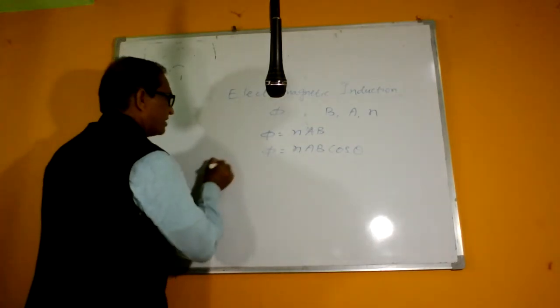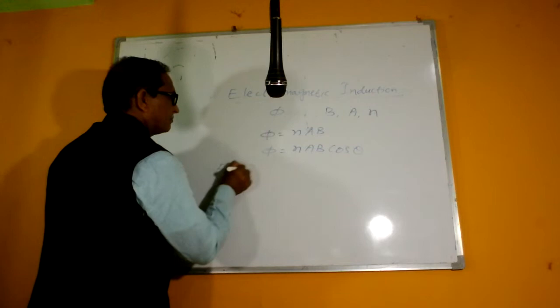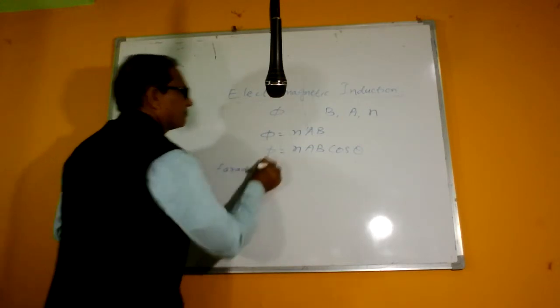The SI unit of phi is Weber and the CGS unit is Maxwell.